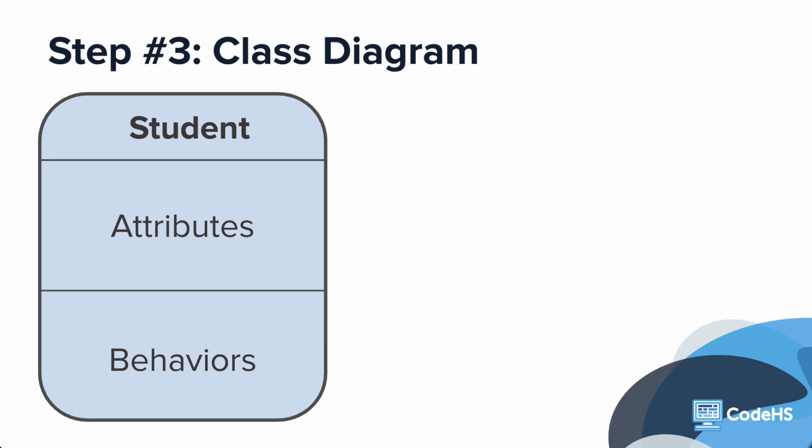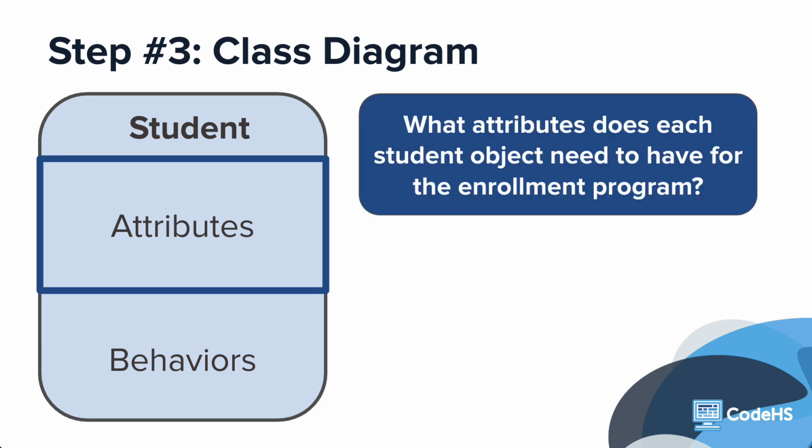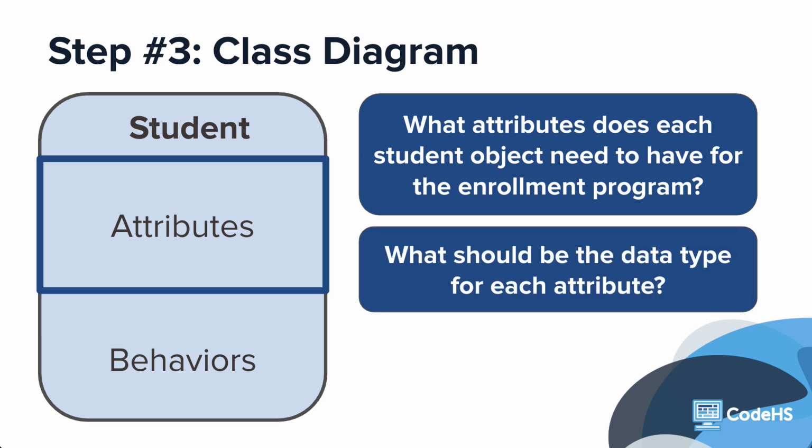The next step is to think through the attributes. Remember that attributes are a type of data abstraction that are defined in a class and outside any method or constructor. They can be instance or class variables depending on the data being stored. Take a moment to think about a student object's attributes. What attributes does each student object need to have for the enrollment program? And what should be the data type for each attribute?